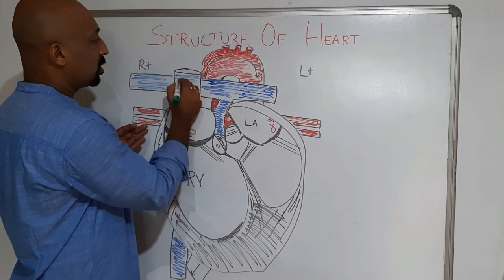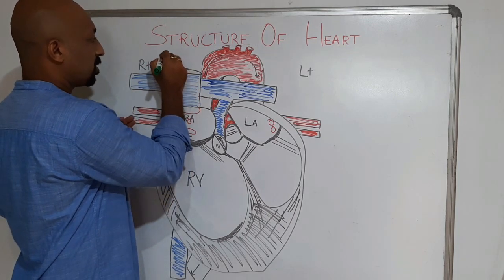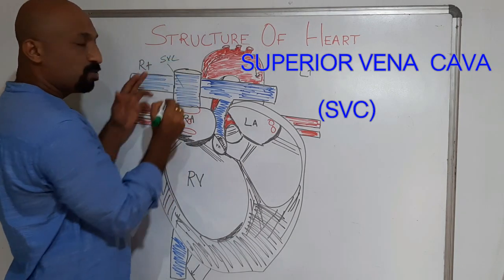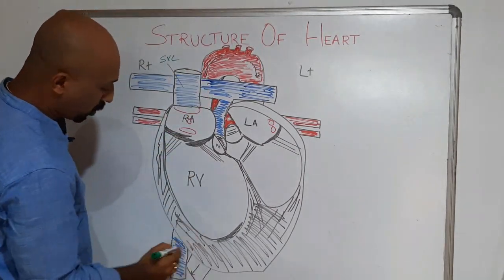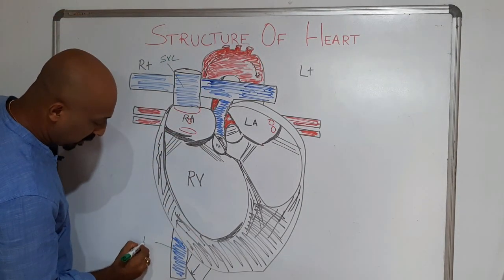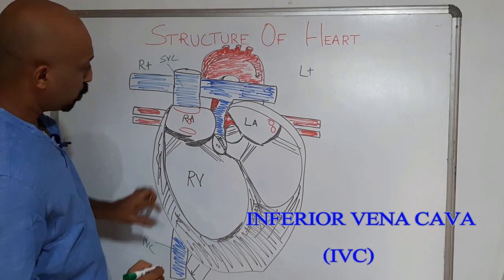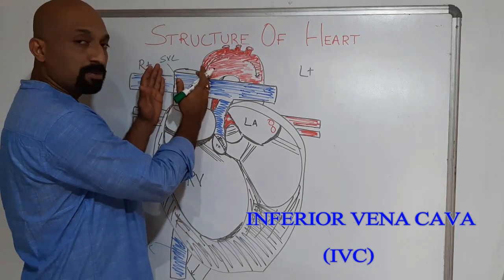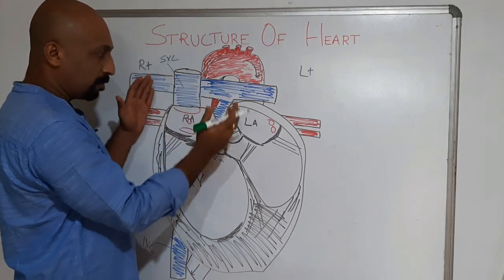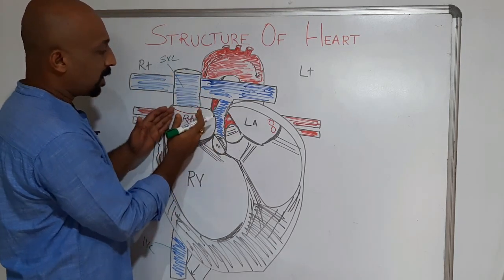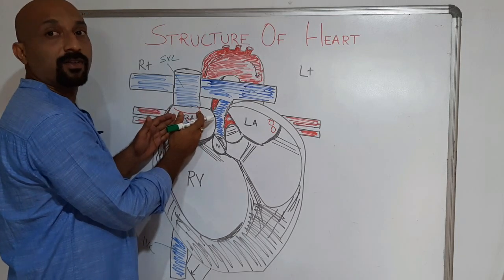One I call the superior vena cava, SVC. Superior vena cava is the superior portion, and the downward portion I'll call the inferior vena cava. So these are the two main vessels which take blood from different regions of the body to the right side of the heart.